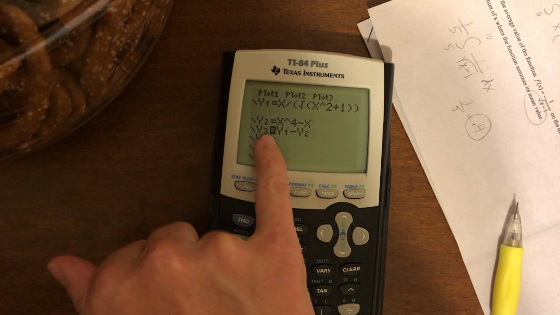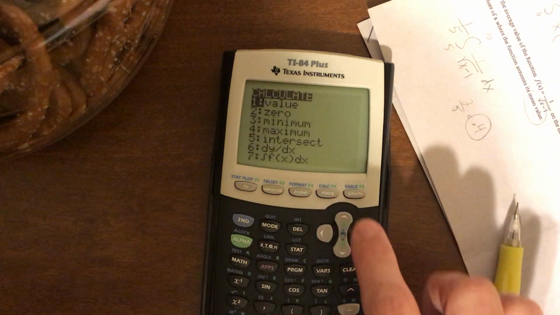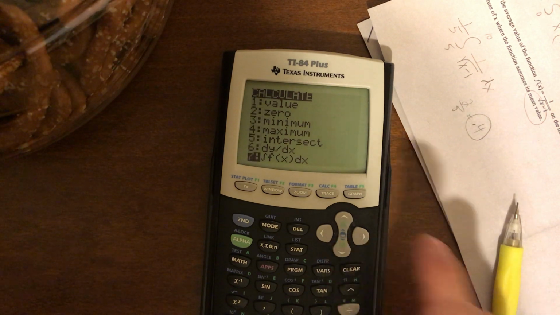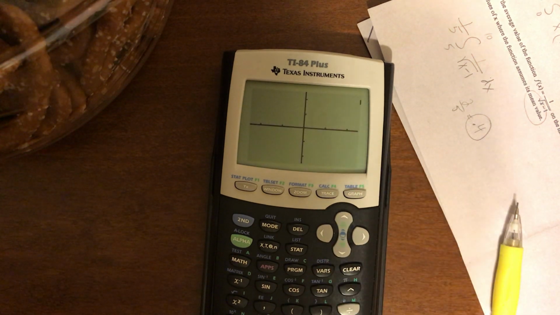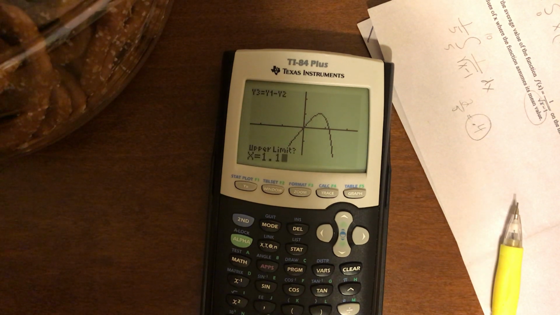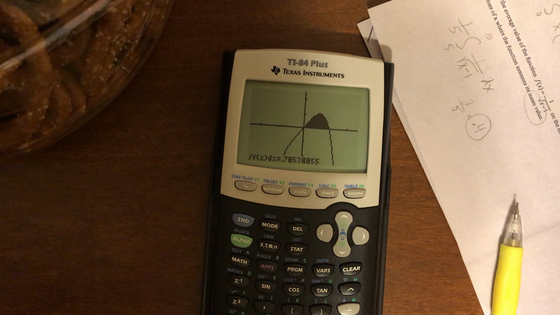That's the only one that's highlighted. I'm going to integrate it. I know my limits of integration from my intersections that we just found, 0 and 1.180776. And I can find the area between those two curves, 0.785.